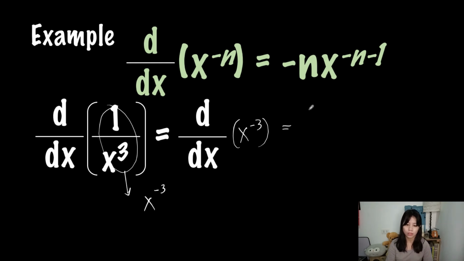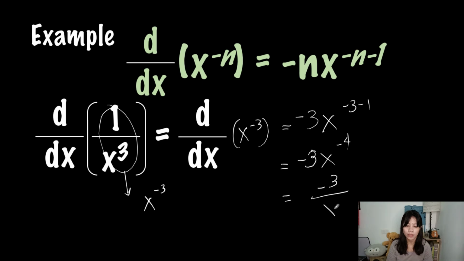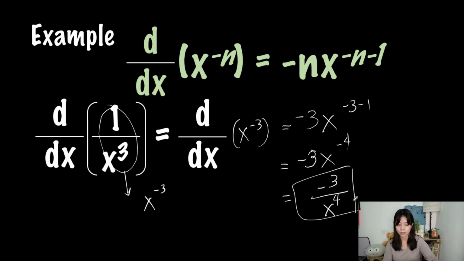So, gawin natin yun: negative 3 times x raised to negative 3 minus 1, equal siya sa negative 3x raised to negative 4. The final answer will be negative 3 over x raised to 4. Okay? So, ito na yung answer.